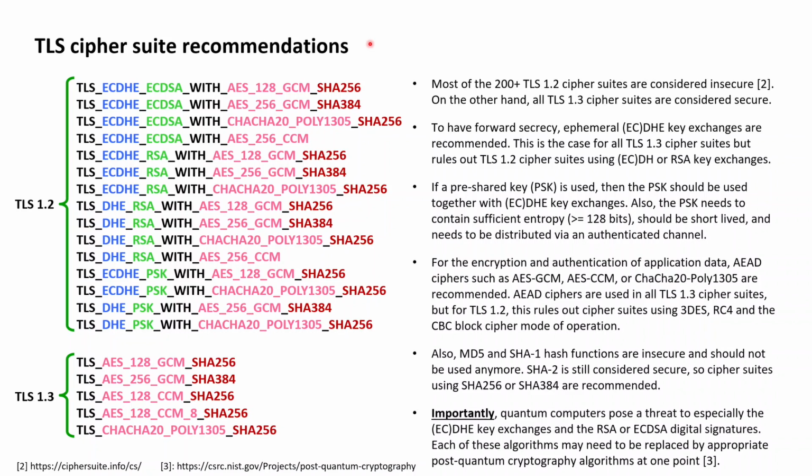Now, these recommendations come without any warranty whatsoever, and the final choice of a cipher suite not just depends on the security implications of using it, but the final choice of a cipher suite also depends on the availability of a cipher suite within an implementation or a library, and the final choice of a cipher suite also depends on interoperability requirements and constraints of a system with its context.